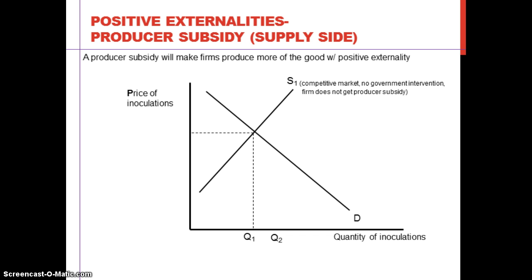In the case of inoculations, in the competitive market, the farms provide only this level, and this is not sufficient for all the people in a society to get inoculations. So the government subsidizes this farm to shift this market equilibrium here to the ideal equilibrium.